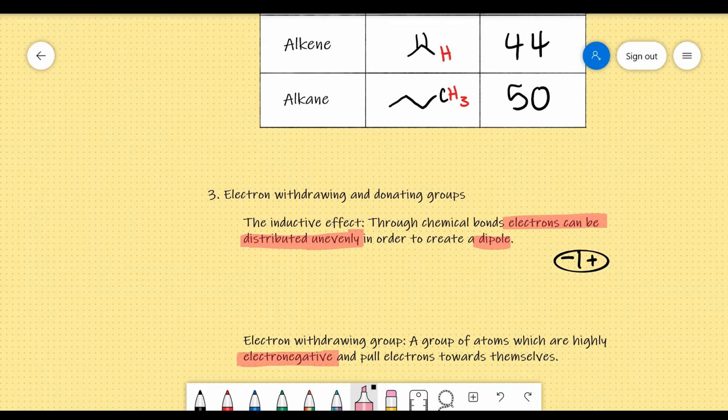Electronegative atoms increase to the right of the periodic table and up, right? Electronegative atoms want to pull electrons towards themselves. And so electron withdrawing groups are groups that draw electrons towards themselves, away from the center carbon chains. Because remember, in organic chemistry, it's all about carbons.